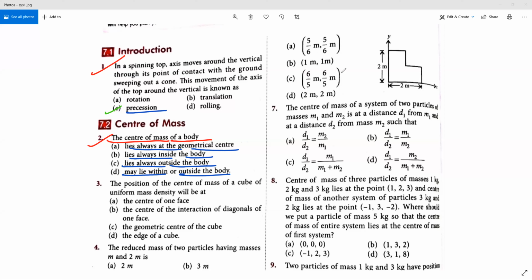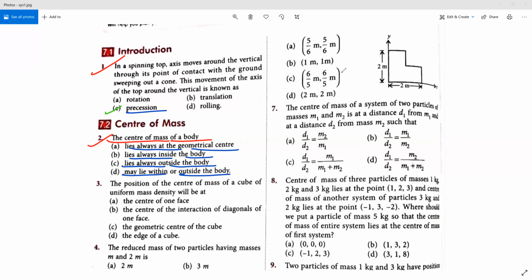The second option is that it lies always inside the body. The third option is that it lies always outside the body. And the fourth option is that it may lie within or outside the body. So like that, they have given the four options.